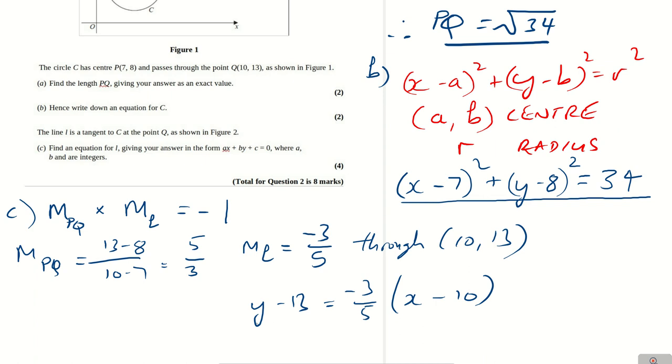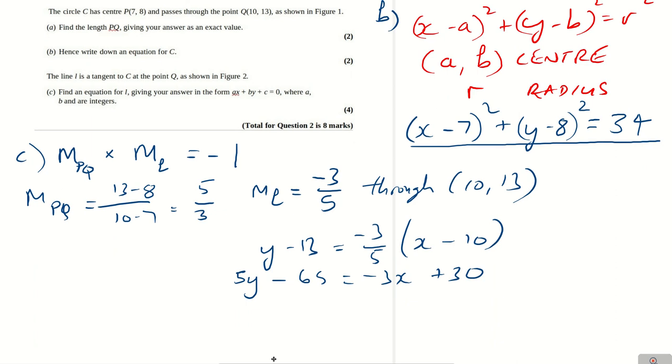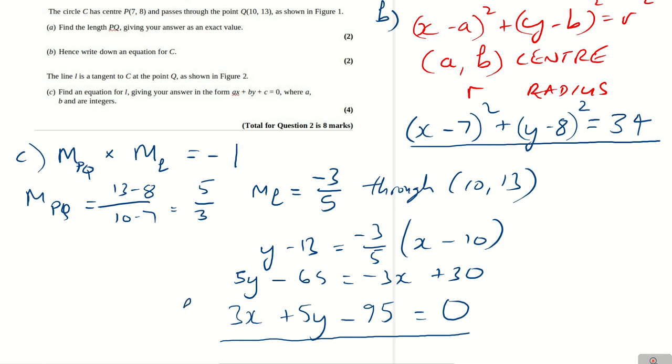Multiply by 5 on the left hand side, so 5y minus 65 equals -3x plus 30, and we've almost done it. Bring everything over to the left hand side and we get 3x plus 5y minus 65 minus another 30 is -95 equals 0. And there we have it. That's the equation of line L.